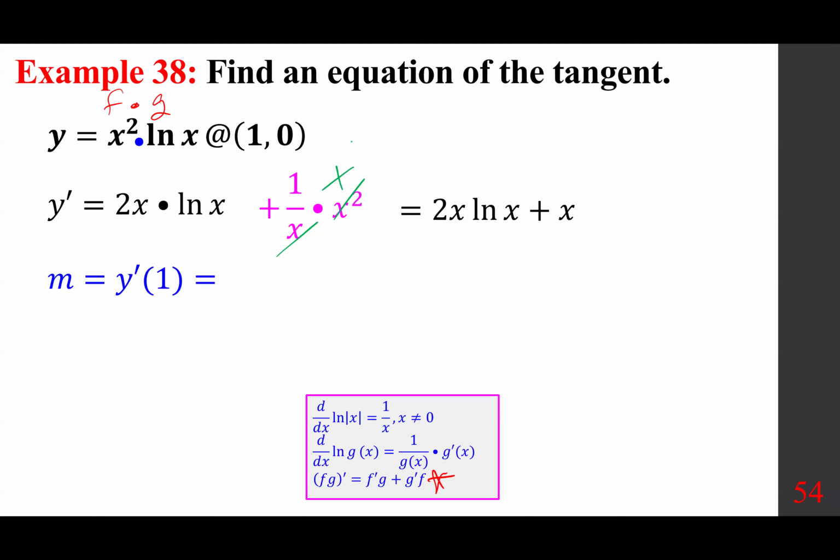Replace the x with 1. So if I replace it with 1, I get 2 times 1 times ln 1 plus 1. Ln 1 is 0, so I get 1.